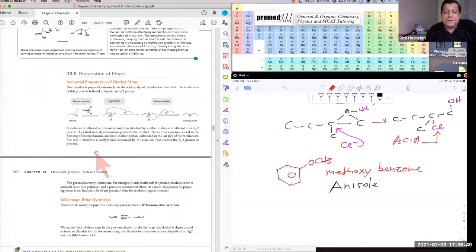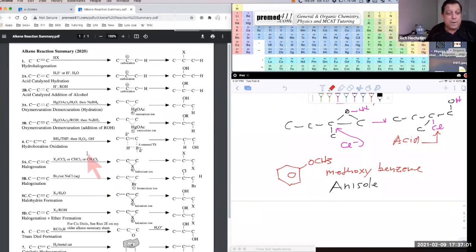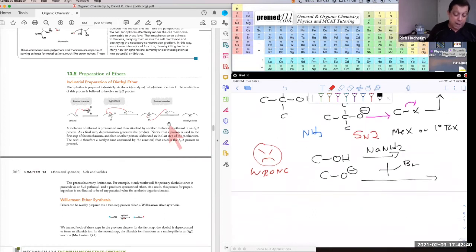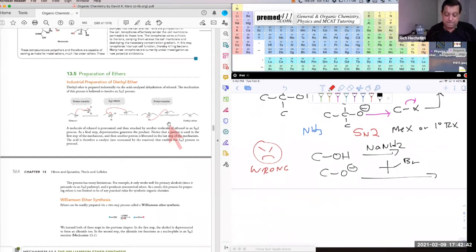As far as preparing ethers, one of the ways of preparing an ether is by doing this. Now let me see where it is. There it is. Okay. The tert-butyl group like this and react it. Now that will not give us any ether. Can you tell me why?